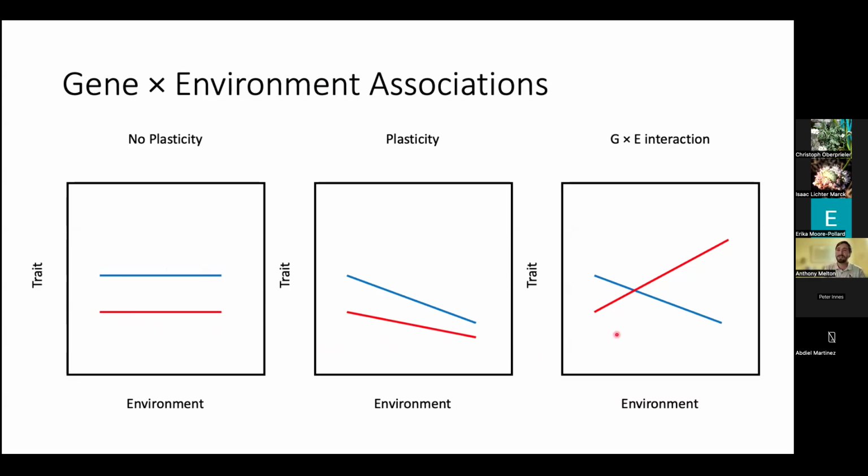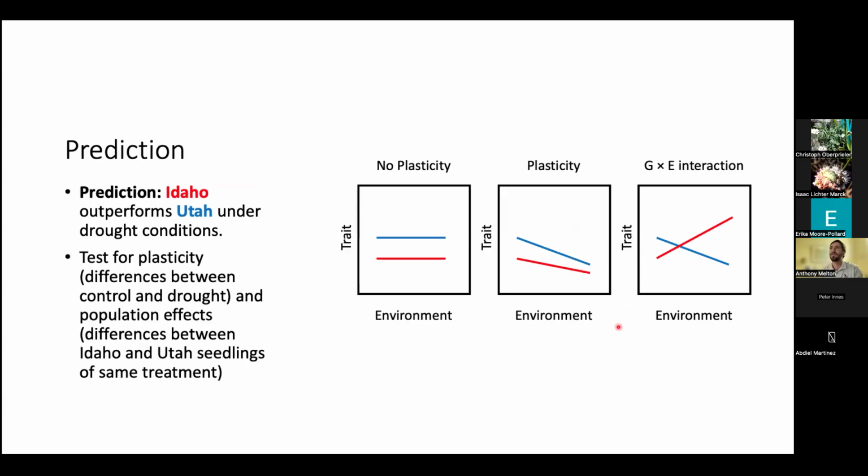And then we can also see big differences in response due to differences within the genetics of the population. So here we would have a gene by environment interaction, which in this case I'm going to call a population effect, since we're just looking at two populations. Going into this experiment, my colleagues and I predicted that the Idaho population, since it undergoes that really long drought stress through the summer, would outperform the Utah population under acute drought stress.